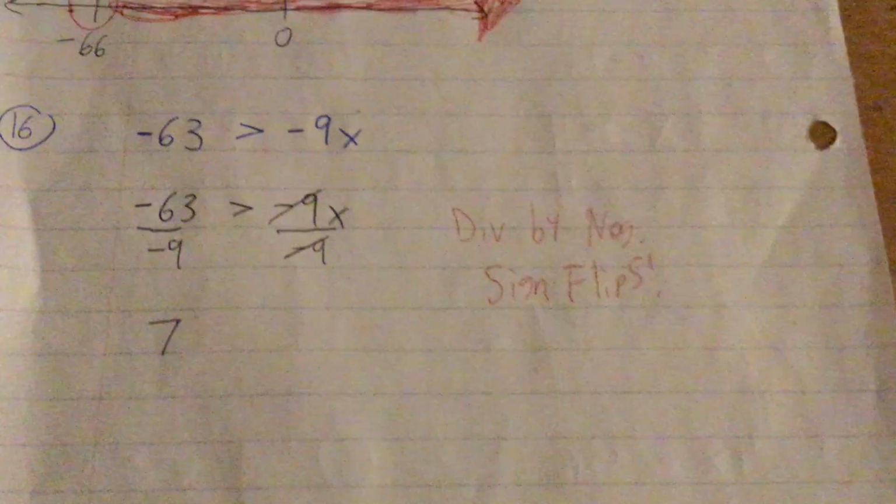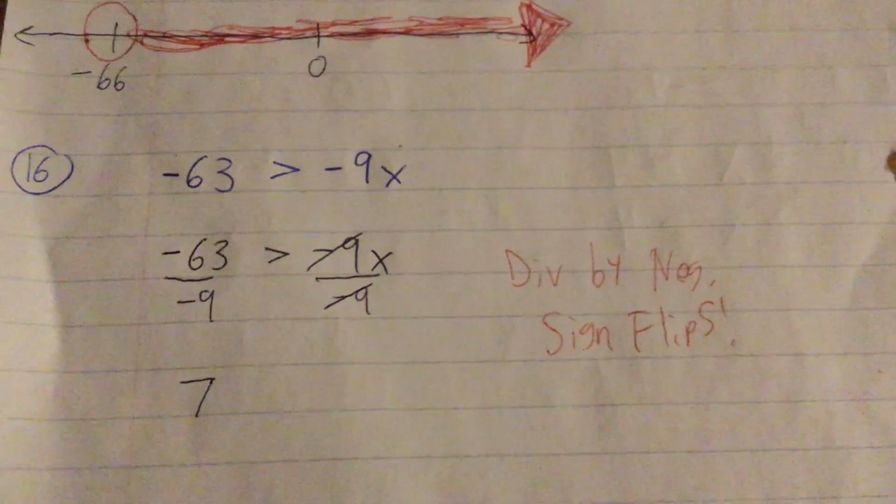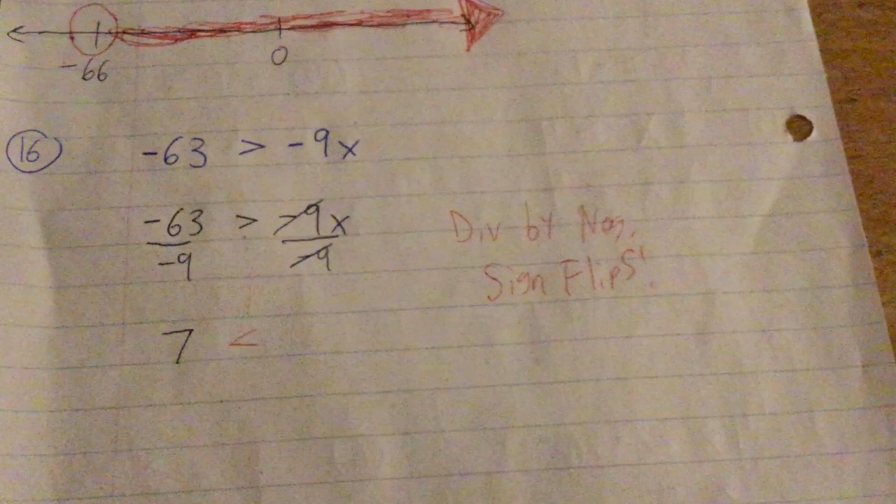However, notice that I divided by a negative. Sign flips. So the sign flips because I divided both sides of the inequality by negative 9. So I'm going to turn this greater than symbol into a less than symbol. So 7 is less than x.